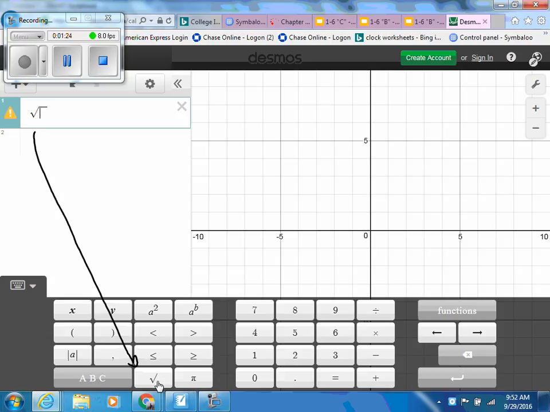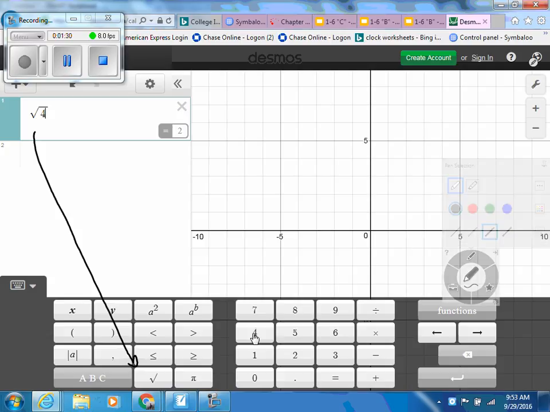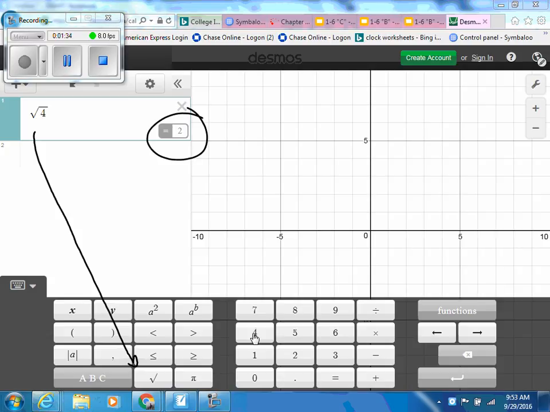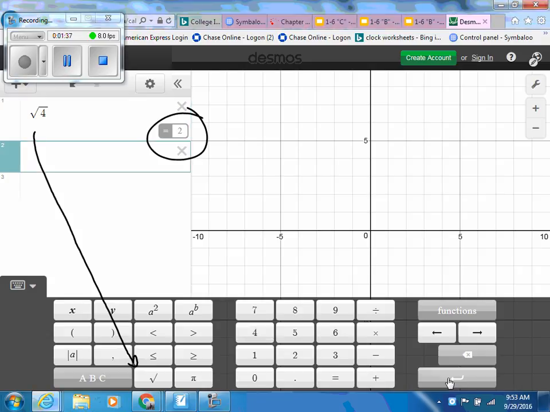It shows up in the screen: square root of 4. The answer is 2. So I want to find the square root of 49. It was 49, right? Yeah, 49. The answer is 7. Okay? So that's how you do that problem.